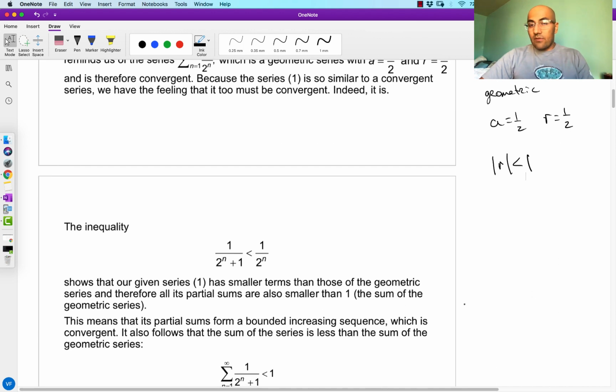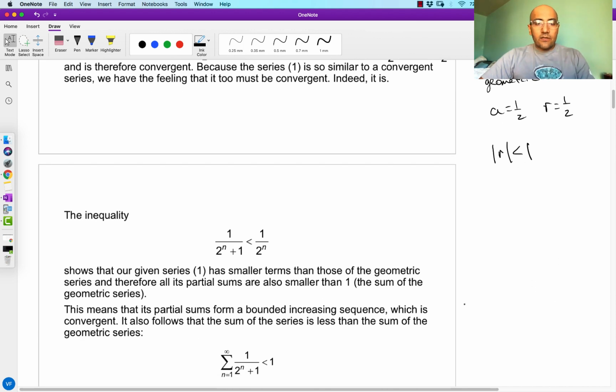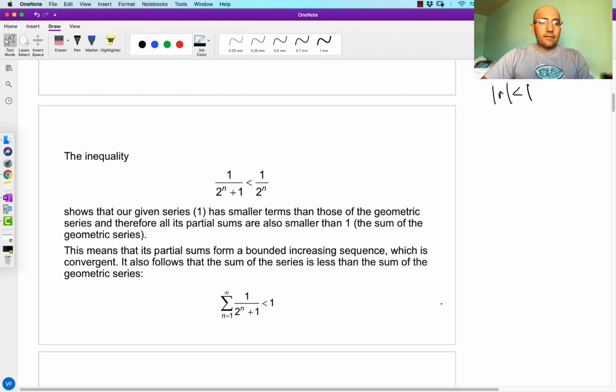They don't converge to the same thing, so we don't necessarily know what they converge to. We're just establishing that they converge.